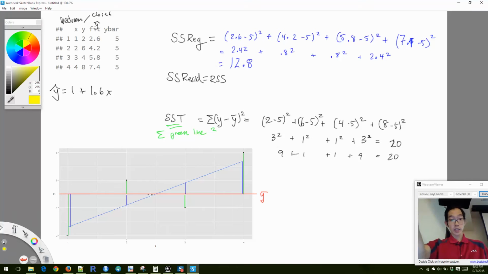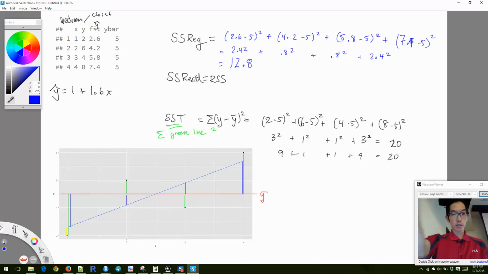Okay, and then lastly, here's my prediction line. The actual dot is not on the prediction line. The difference between the prediction line, can you guys even see that yellow? I can't see it on my screen, but it shows up on the screen over here. So the difference here is the yellow.